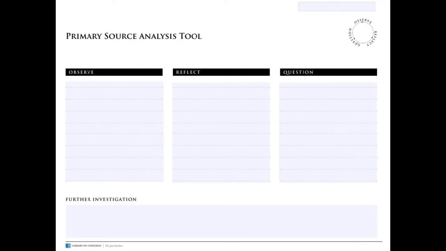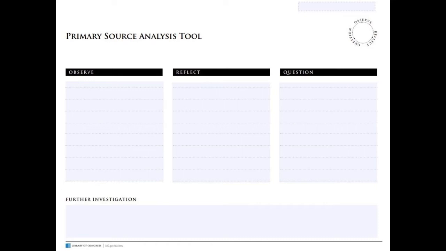So observe, which is really I see, things that you can directly point to, whether it be in a text or an image or another kind of source. Reflect, which really answers the question, I think or I feel.